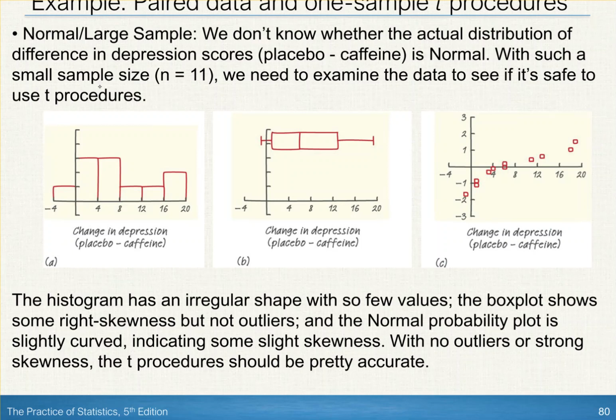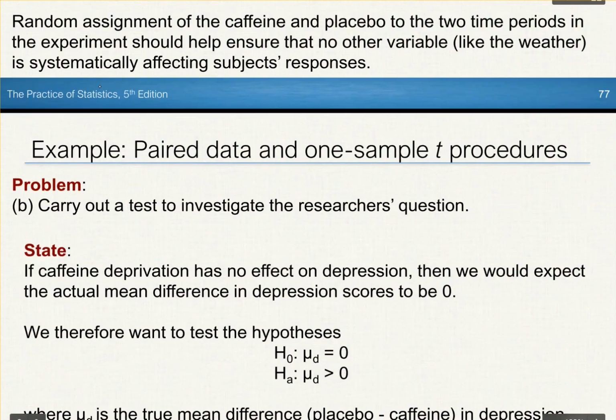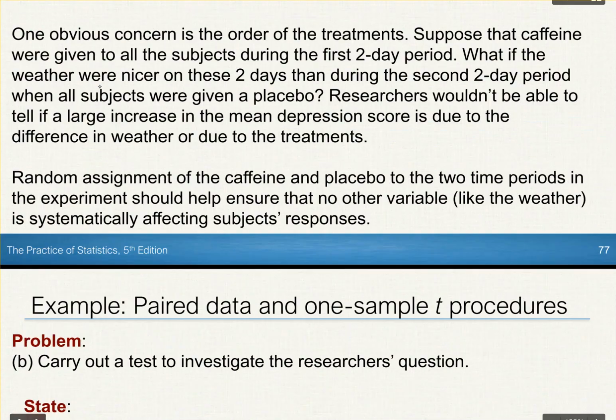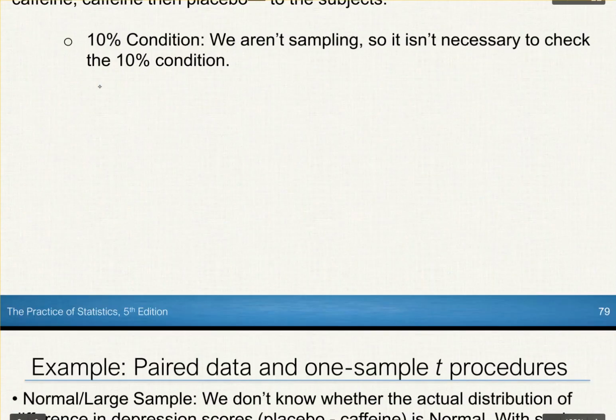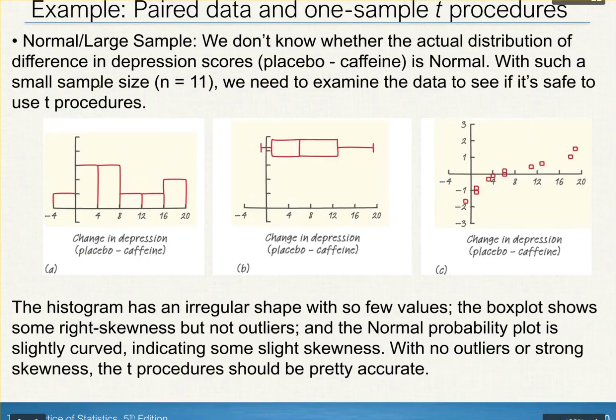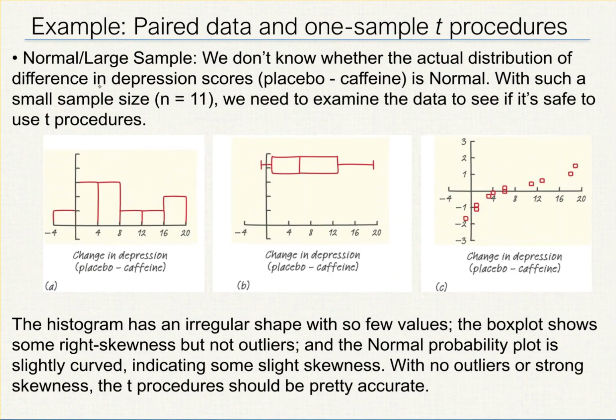If you look at the data, there are no crazy outliers. -1 seems to be on the small side, but we got 1, 1, and 3, so that's not that big. 19 and 18 are a little on the large side, I guess, and those might throw it off a little bit. But you can see the latitude in this. Just make sure you analyze and say, yeah, it looks approximately normal. This is not very linear, but T procedures should work pretty well.